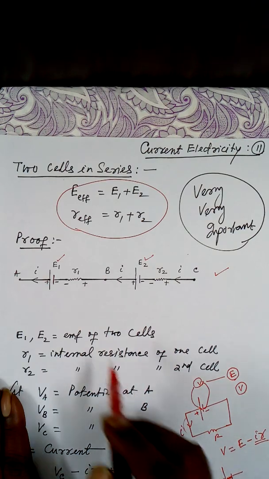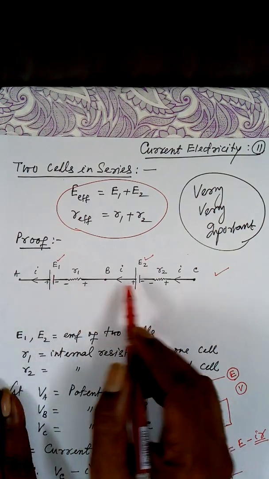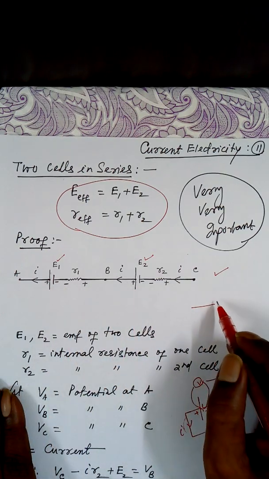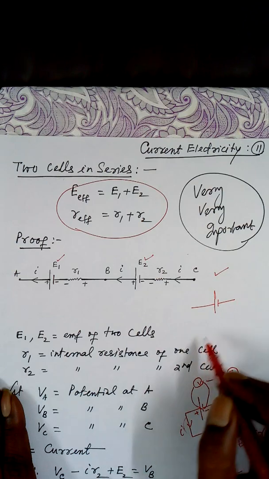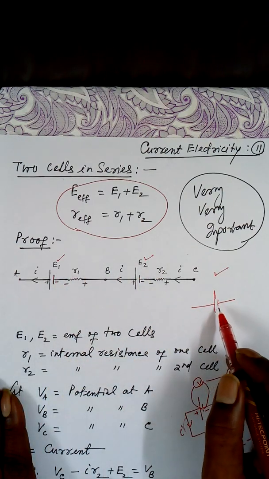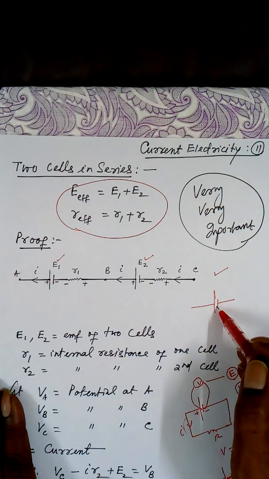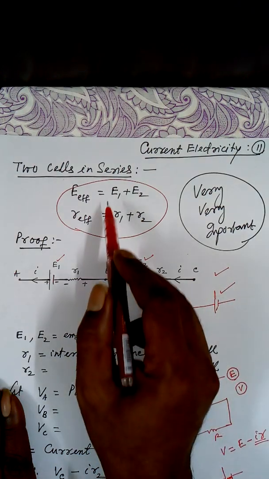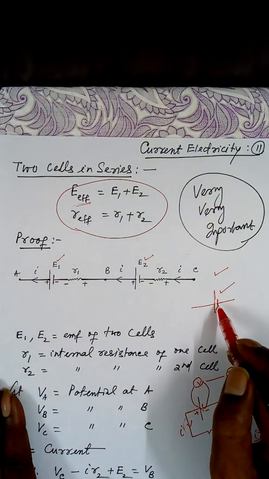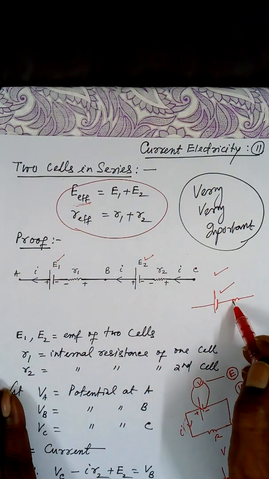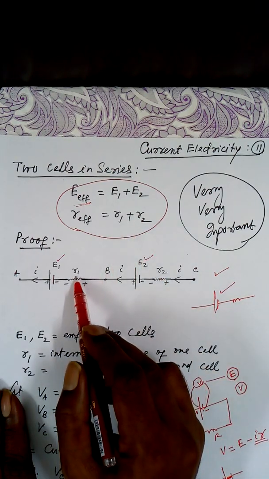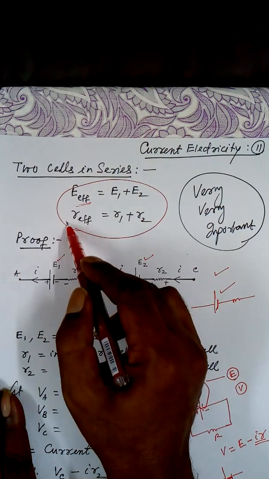Now how can we replace these two cells by a single cell? If we replace these two cells by a single cell, we will derive that the EMF of this cell will be E1 plus E2, called effective EMF, and the internal resistance of this will be R1 plus R2, means the sum of the internal resistance of this one and this one.